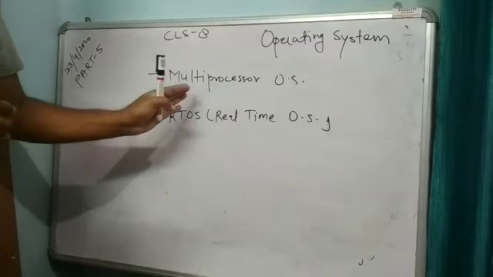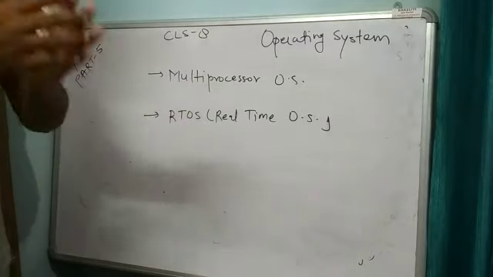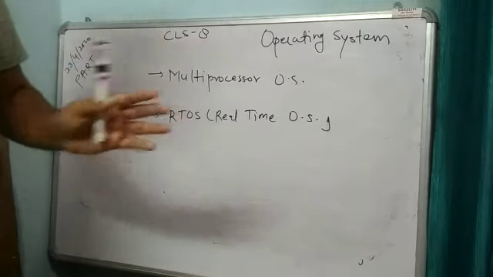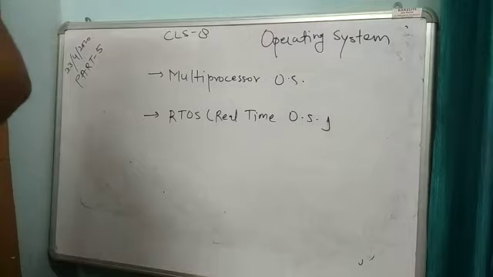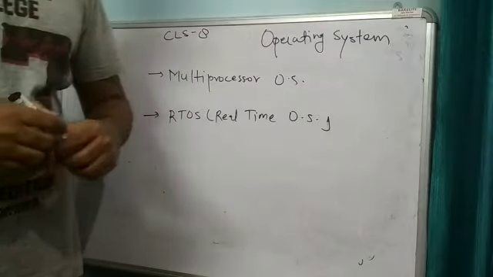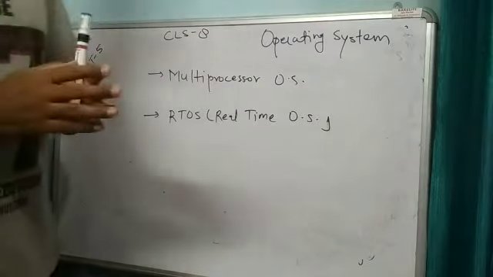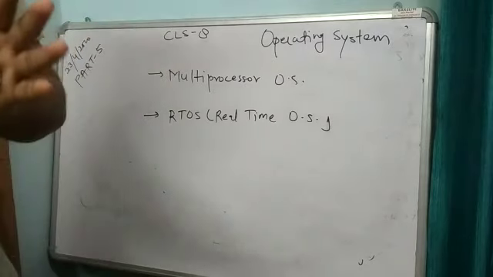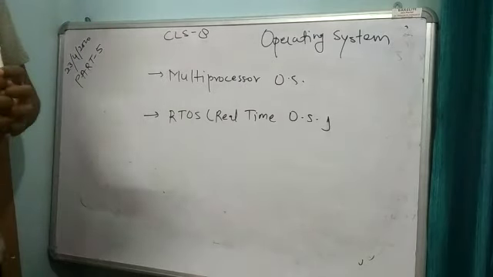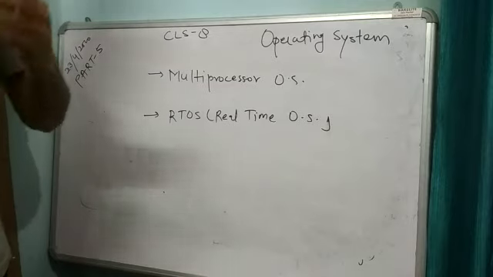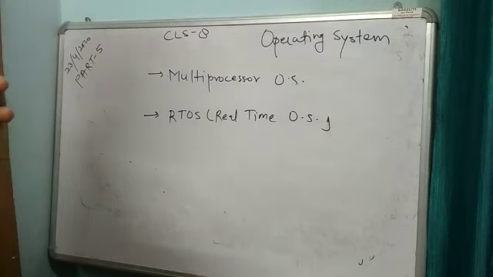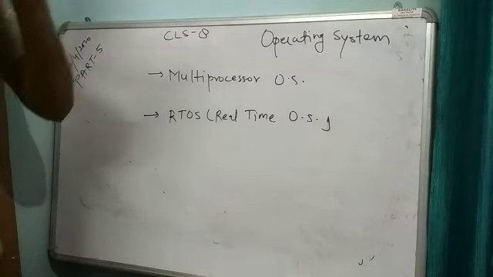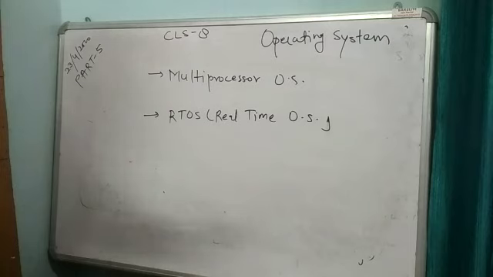But multiprocessor means there are plenty of processors, more than one. These kinds of operating systems are not used for general purpose. They are used at significant places where we want high computing data, computational data, where we want the speed of our computer to be much higher and performance much better.